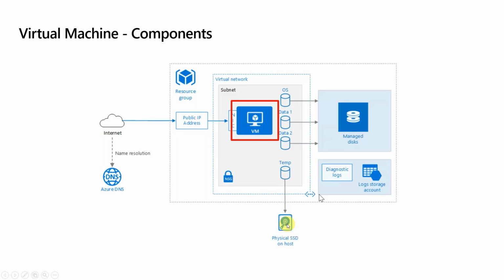When you stop it, Microsoft will give that to somebody else. But when you start it, it might create the VM in some other physical server, we don't know. So that's why you should never save files in the temporary drive. You should always save them in our data disk only.